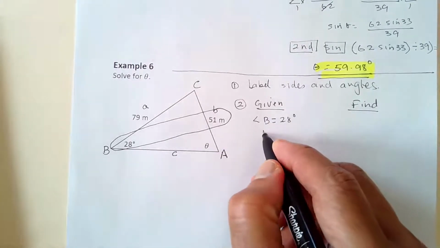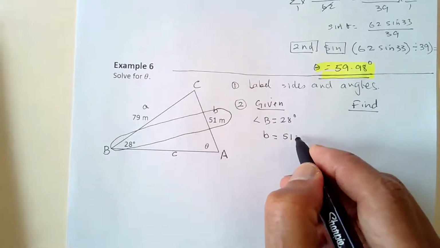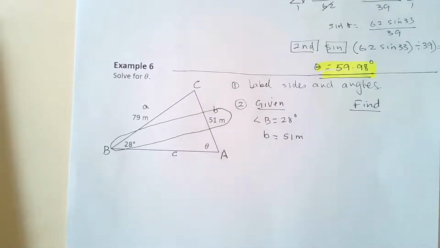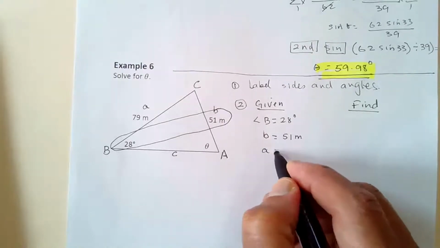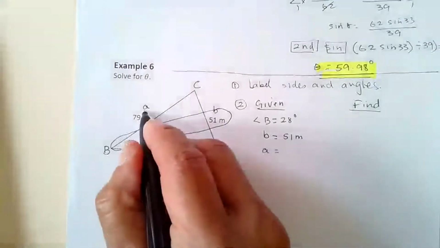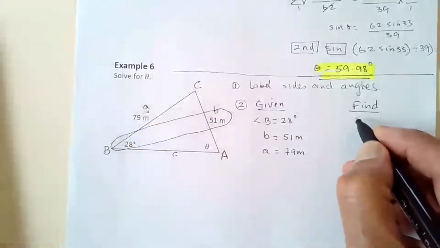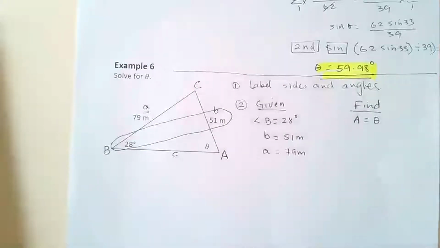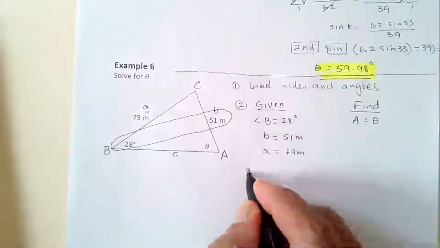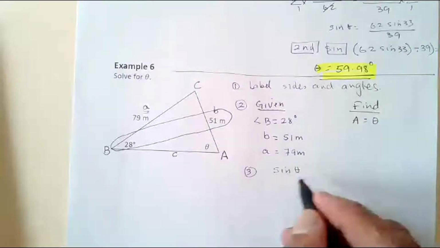We have side B, which is 51 meters. Then we have side A, which is 79. Specify angle A, which is theta. Sine theta.